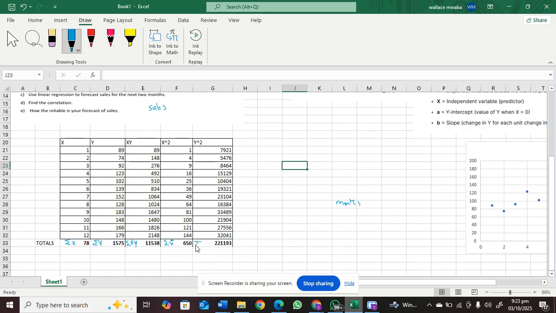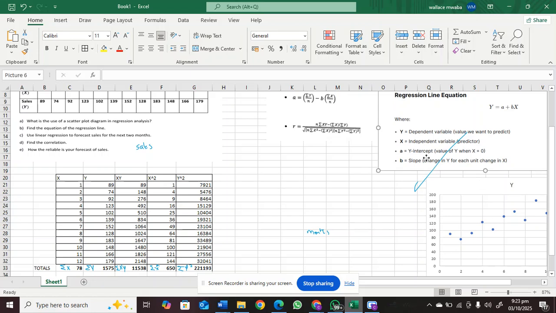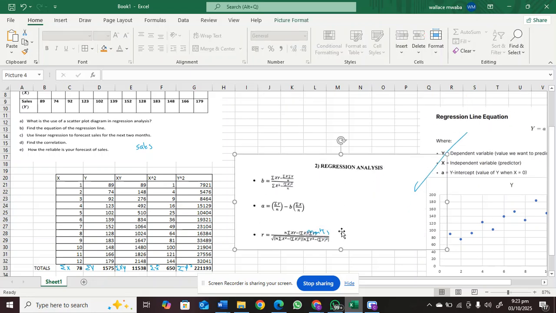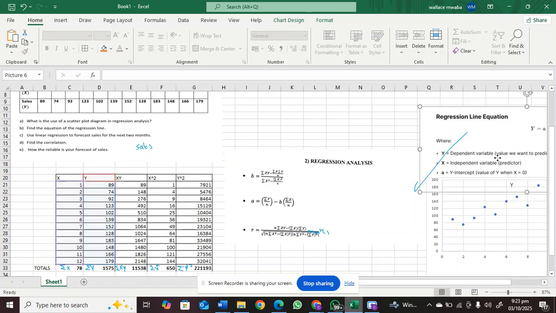This is sigma y squared. So these totals are the ones we're going to apply in the formulae. Let me bring the information for the formulae. Let's see. Move this aside.